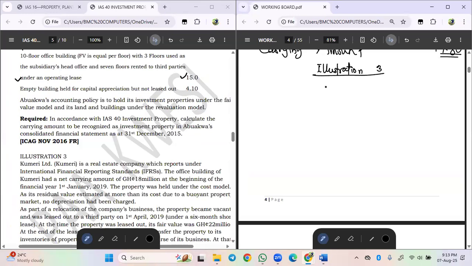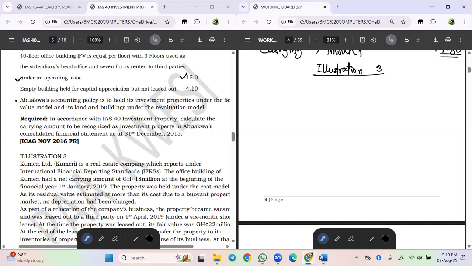Okay, illustration 3. Kumari Limited is a real estate company which operates under International Financial Reporting Standards, IFRS. The office building of Kumari had a net carrying amount of 18 million at the beginning of the financial year, 1st January 2019.